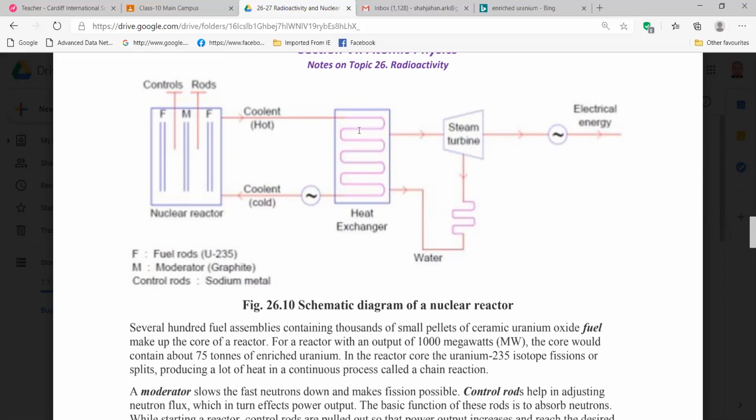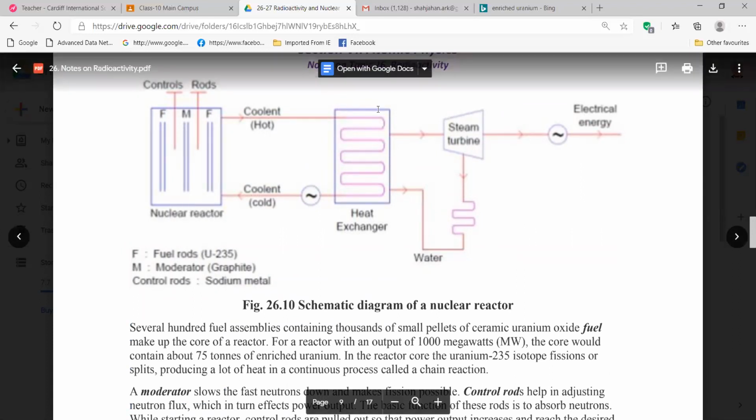In nuclear reactions we are getting around 3,000 to 6,000 degrees Celsius. If it is 6,000 degrees Celsius, that means it's getting too much heat energy.